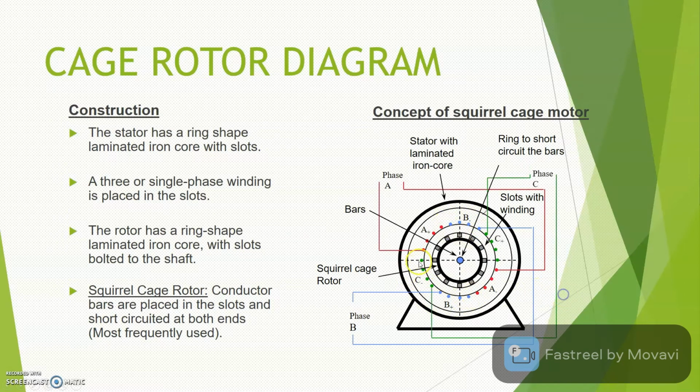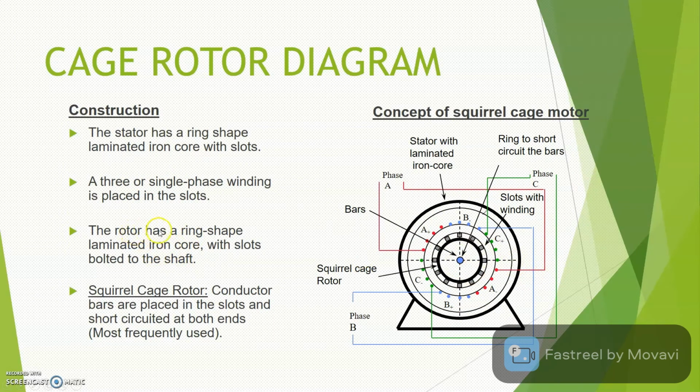And for phase C, the winding will be connected from C plus to C minus here. The stator has a ring-shaped laminated iron core with slots. It can have either 3-phase winding or single-phase winding, depending on what you need.